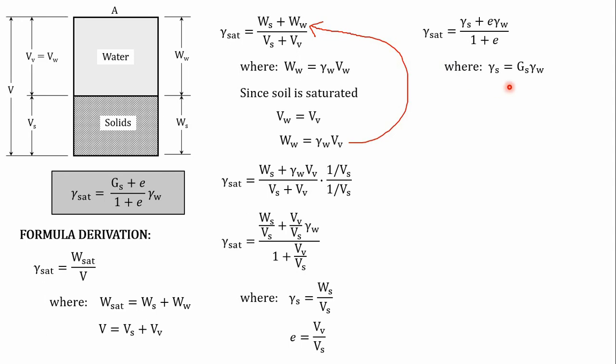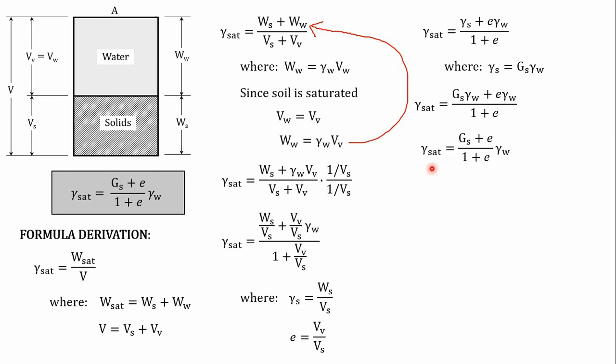Where unit weight of solids is equal to Gs times unit weight of water. So, saturated unit weight is equal to Gs times unit weight of water plus e times unit weight of water over 1 plus e.